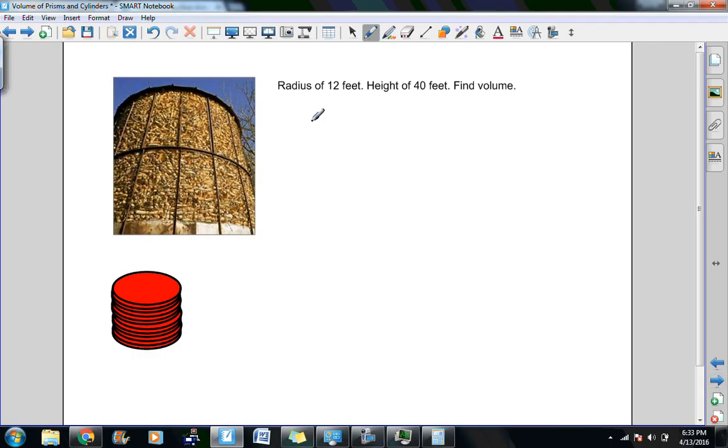For this problem, the area of a circle is equal to radius times radius times pi, and we take that times the height of 40 feet. Well, I know that radius times radius is 144, times pi times 40.